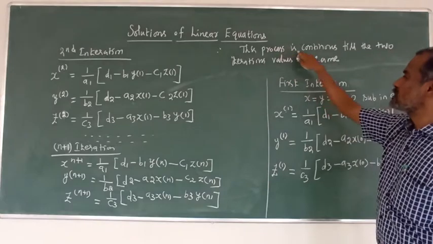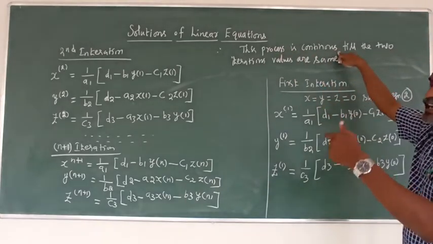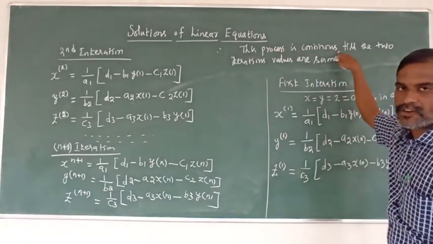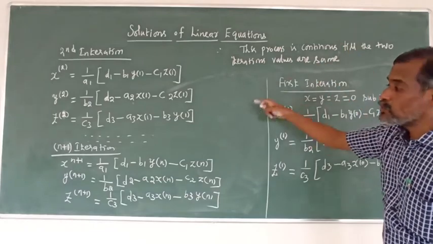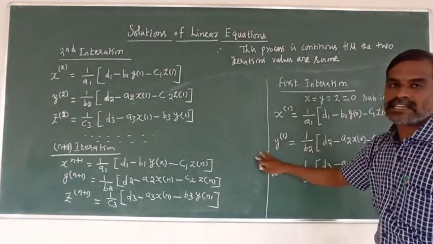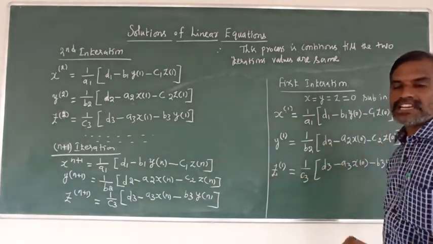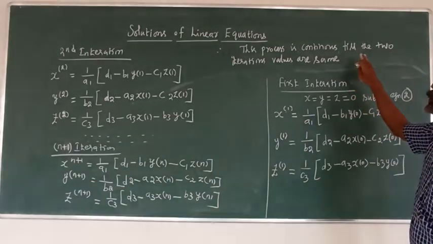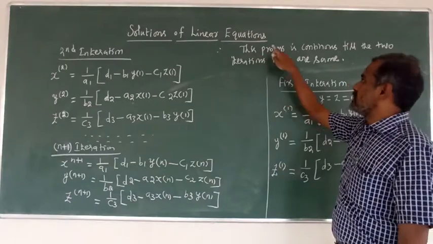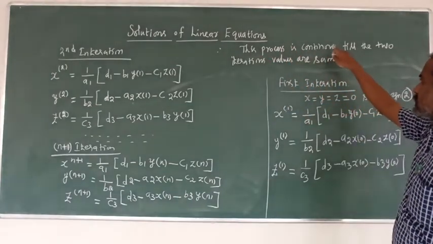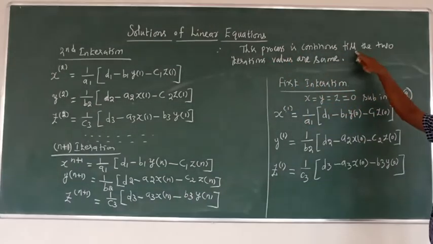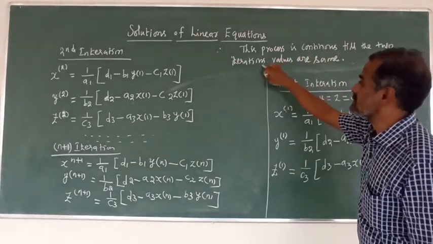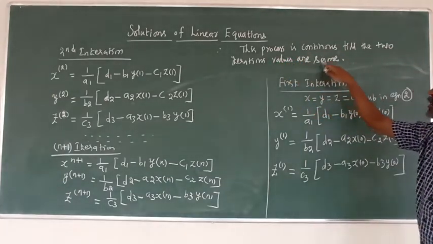This process is continued: iteration 2, iteration 3, iteration 4. When two iteration results, that is the x value, y value, z value, are the same, we can stop the process. This process is continuous till the two iteration values are the same.